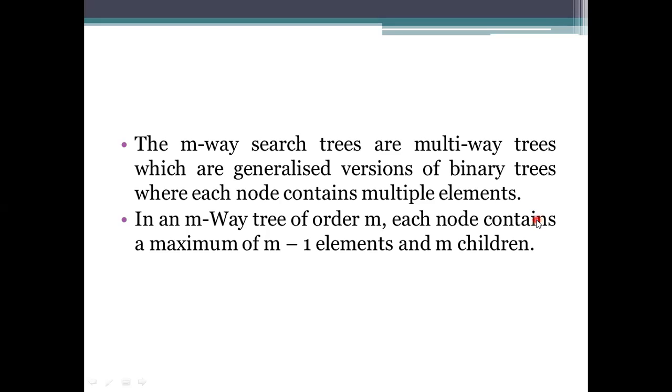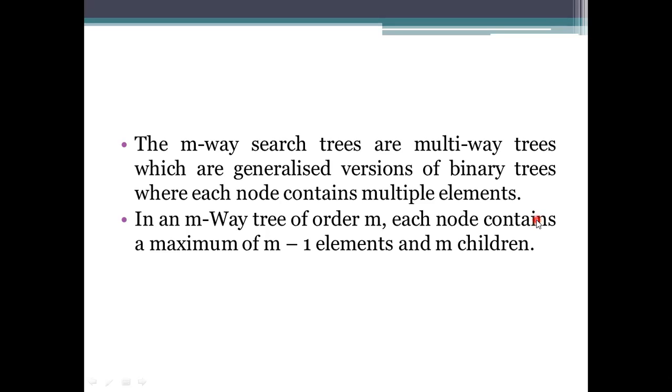What makes the difference between a binary tree, an AVL tree or any other tree representation here is that it allows a node to contain not only two children, but multiple elements.